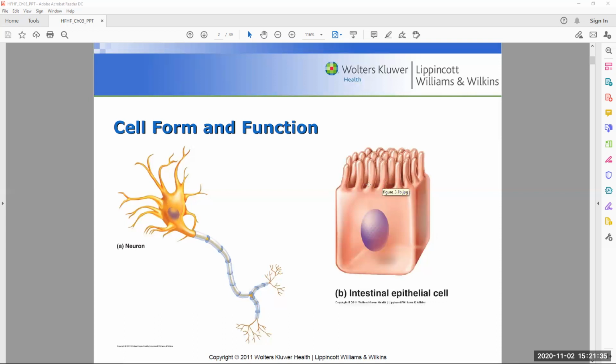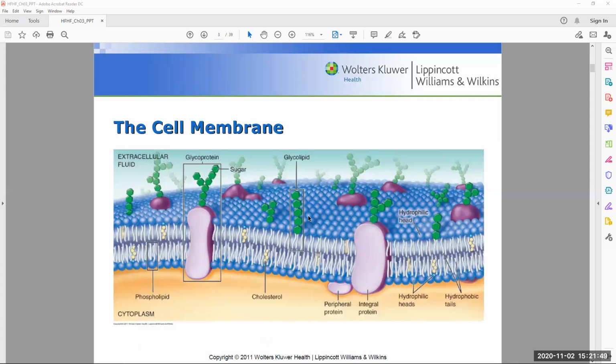So this is very important. Intestinal cell, neuronal cell: two adaptations which show the importance of structural changes as they relate to the functionality of the cell itself.